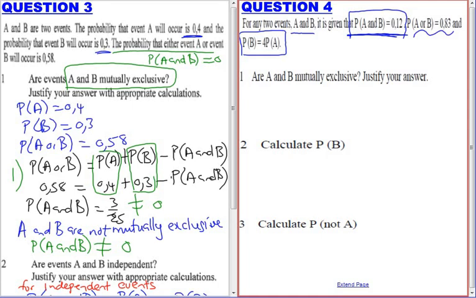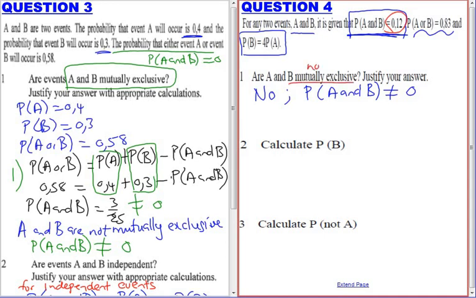Here is the first question. Are events A and B mutually exclusive? I would say no to this. Why am I saying so? Look at the probability of A and B. Can you see that it's not 0? It is actually equal to 0.12. So as long as those two events can happen at the same time, they are not mutually exclusive.